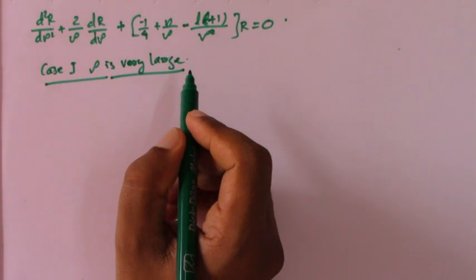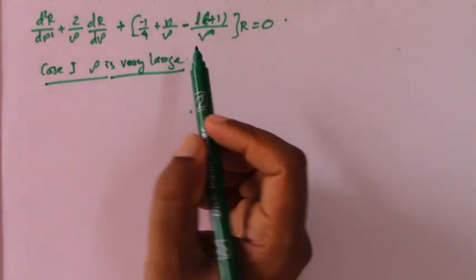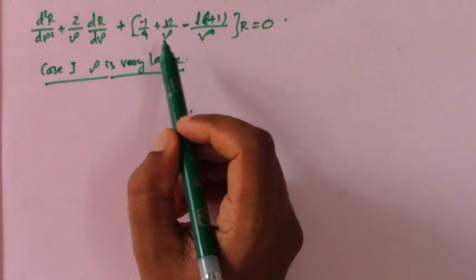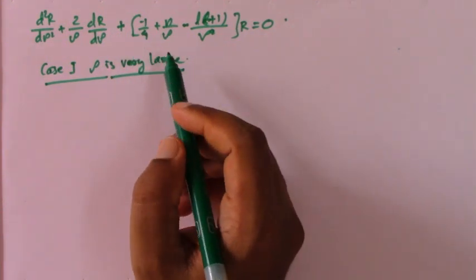So if rho is very large, then we can check which terms are going to be negligible.